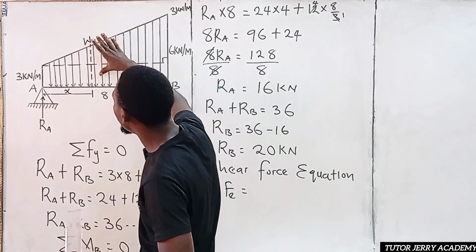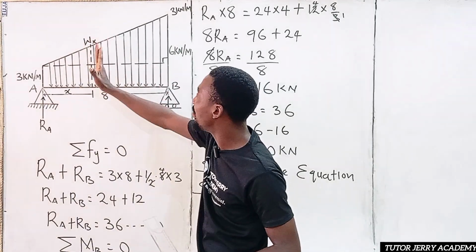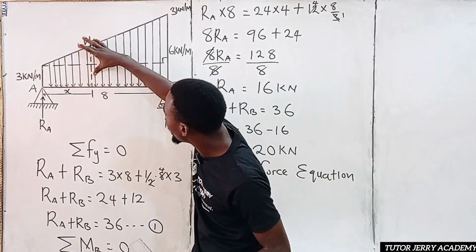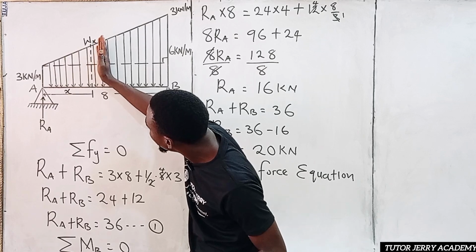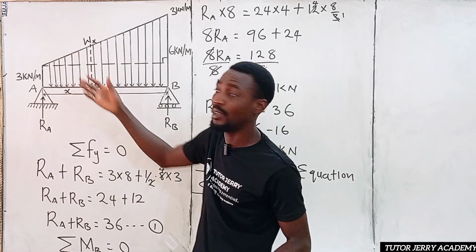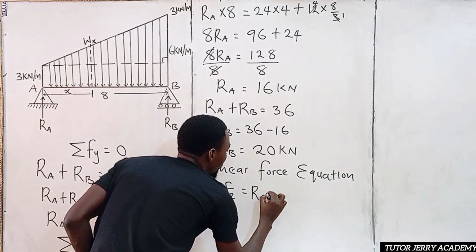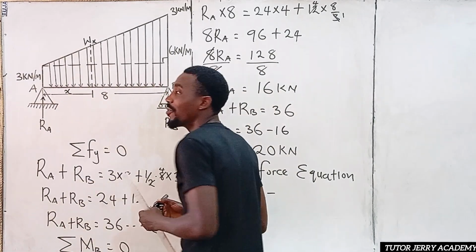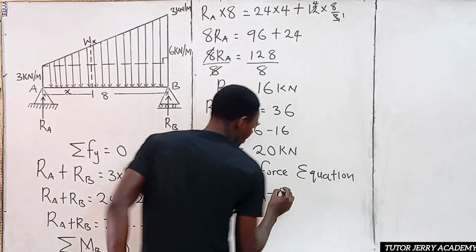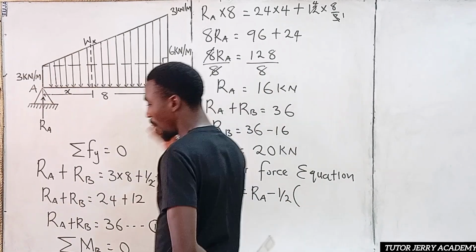Our downward force here is going to be the area of the trapezium. If you are looking at this shape only, forget about the other one, it is still a trapezium. So it's going to be RA minus, and you know the formula for a trapezium is half into the sum of the opposite sides.